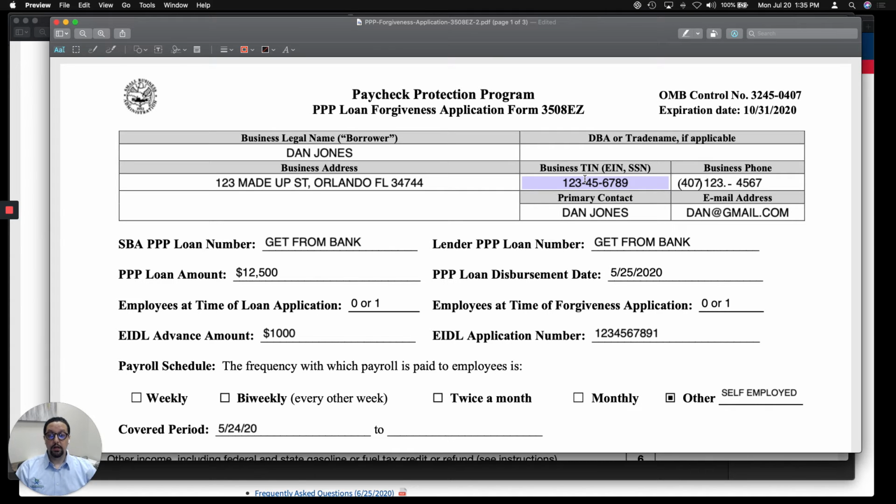Here you're going to add your business tax identification number. If you are working under your name, then here you're going to put your social security number. If you are working under an EIN number, most probably if you have an LLC, then here you will add your business EIN number. Now, how do you know how you report it?